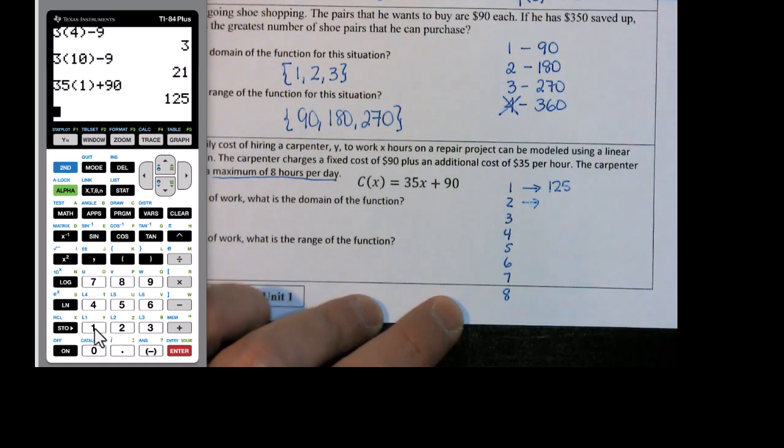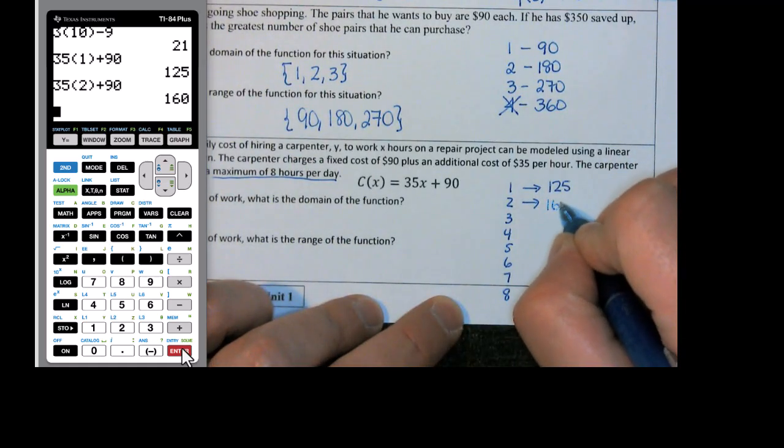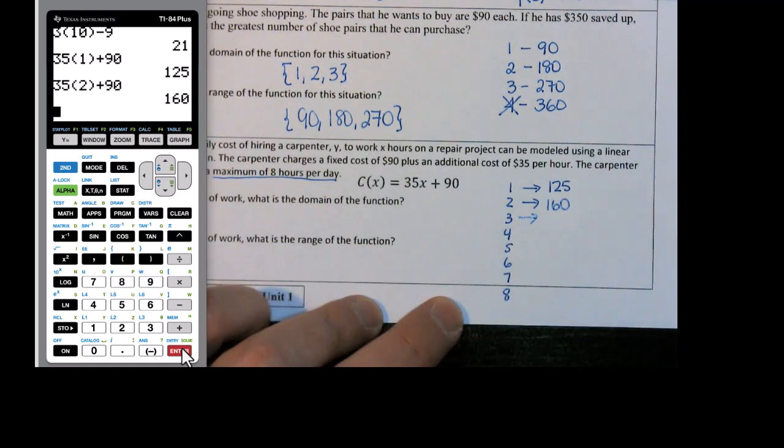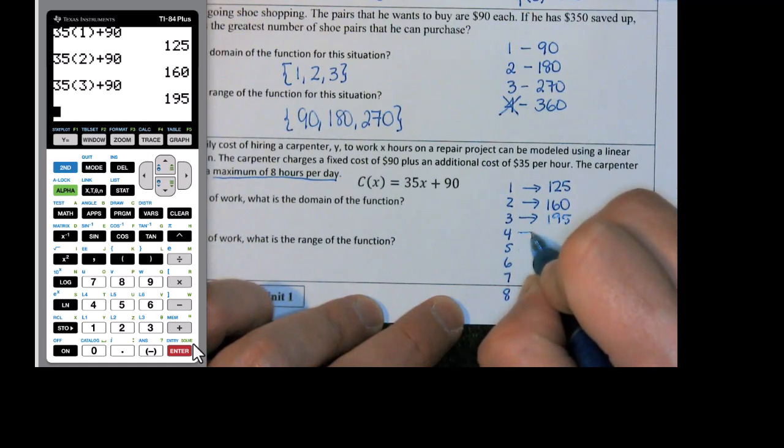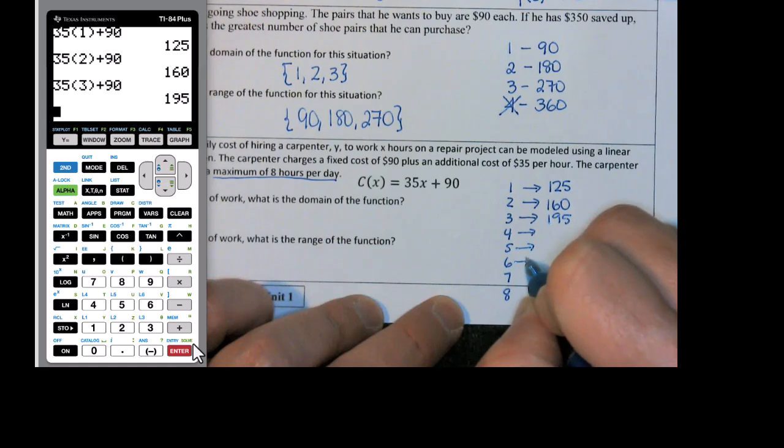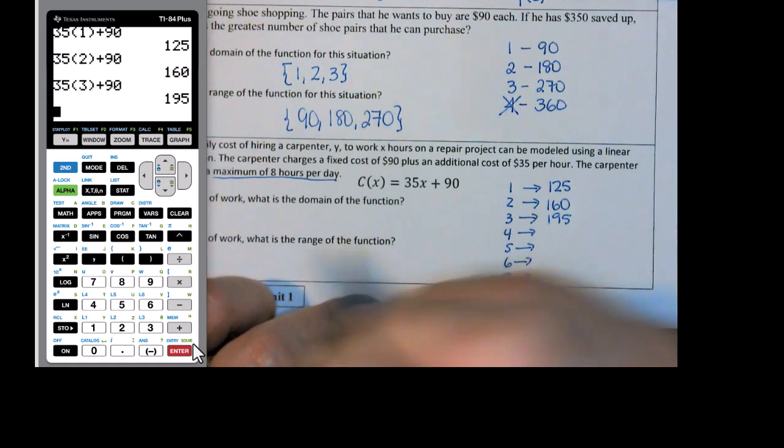In 2 hours, press second enter, we move it across, and this would be number 2. So this would be 160. Do another one. So second enter. Change that to a 3. So it'll be 195. And this way we can start building the list of numbers.